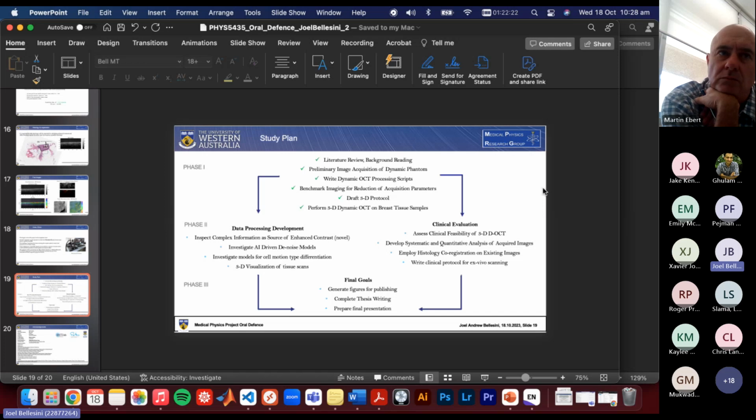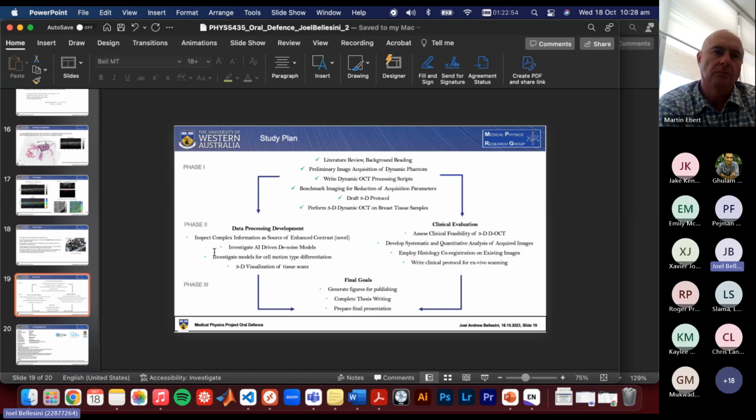The only thing is there have been many papers that have done dynamic OCT on larger data sets than we have. I think there's a paper in the Biomedical Optics Journal that's done dynamic OCT on epithelial tissue, as I mentioned earlier, and they had something like 100 to 200 samples. So if we want to have some sort of edge in the topic, that's where these data processing developments come in.